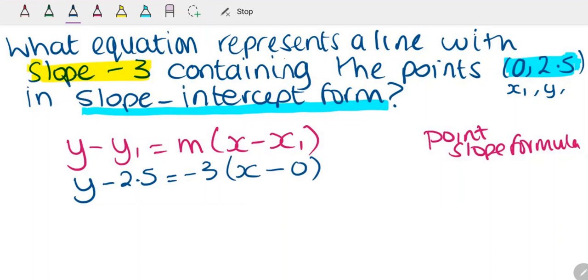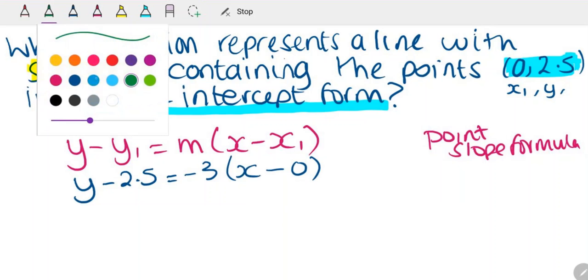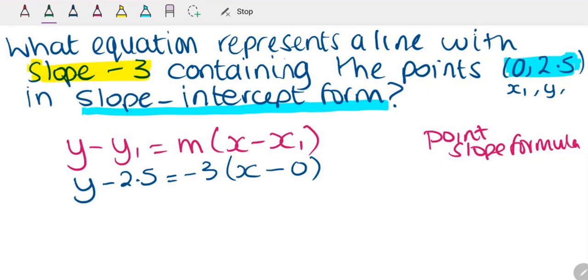So because we need it in slope-intercept form, we need to distribute and rearrange our formula. So we have y minus 2.5 is minus 3x, and then it's plus 0, so we're not going to write that.